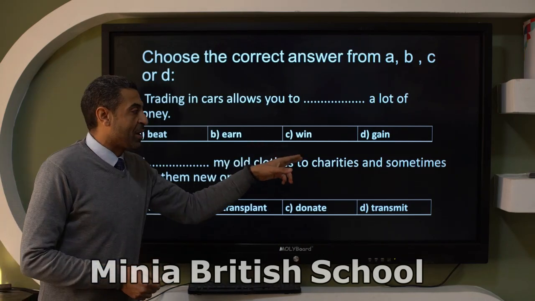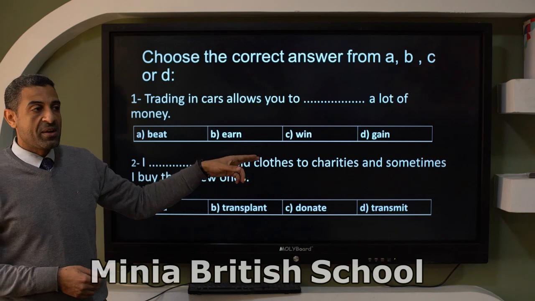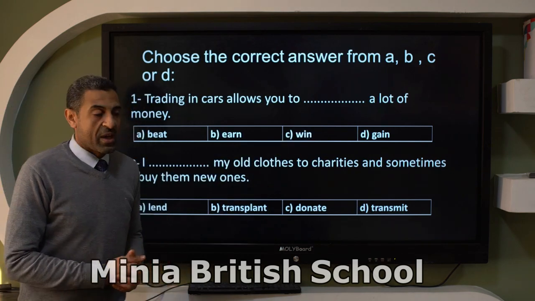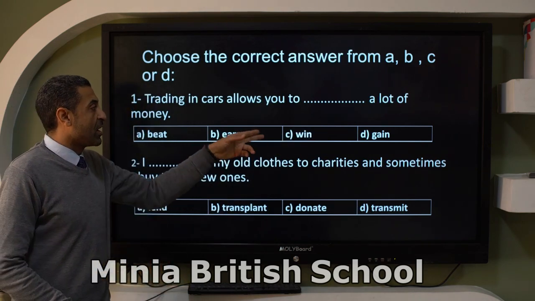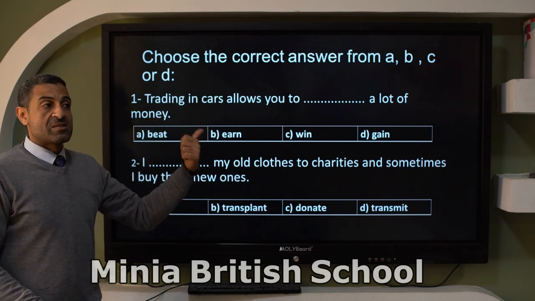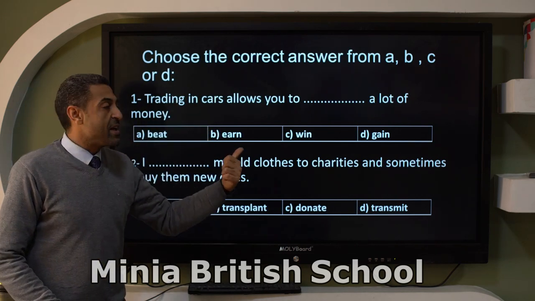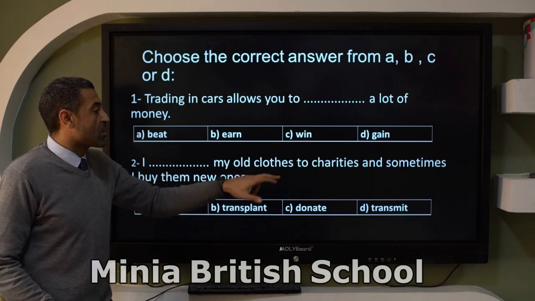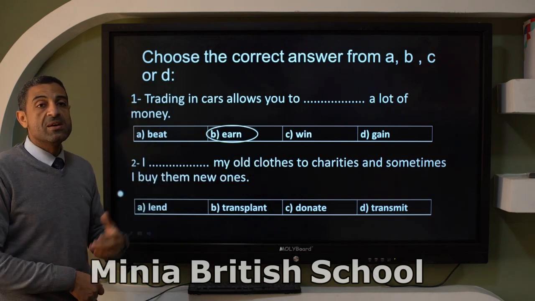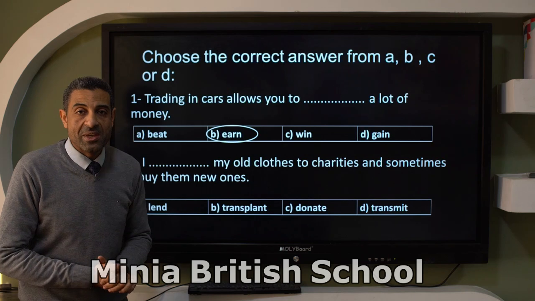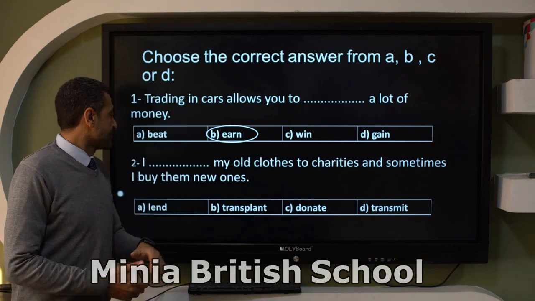I don't win money, it's not a prize to win. I don't gain money. But here I earn a lot of money because I can take this money from trading in cars. So the answer will be earn.